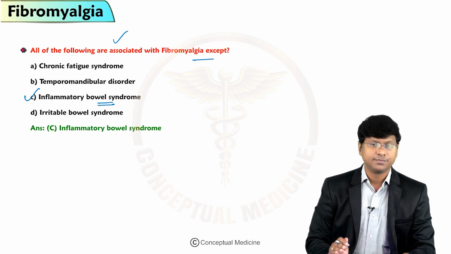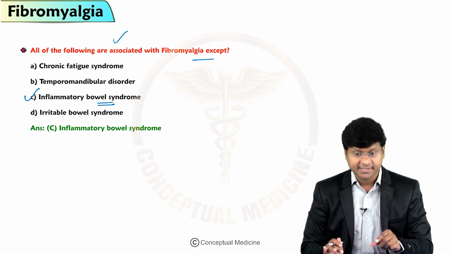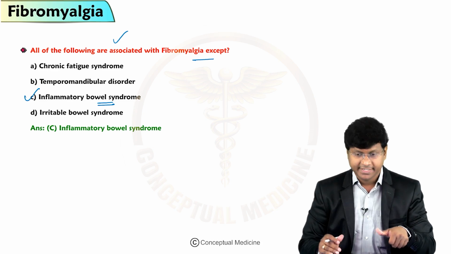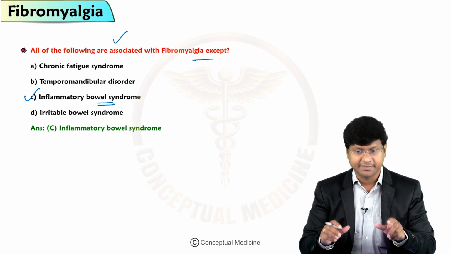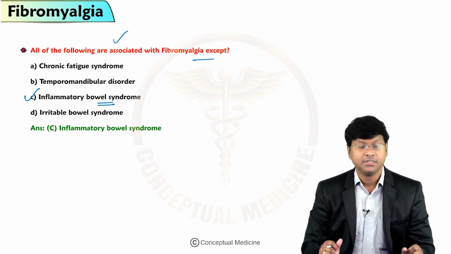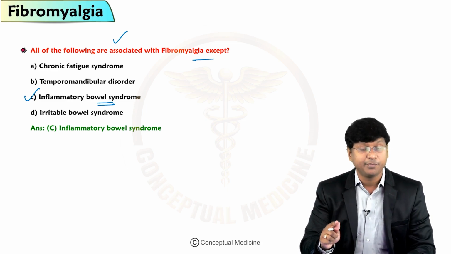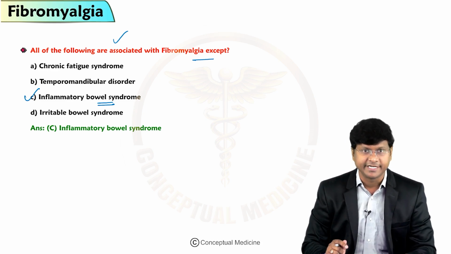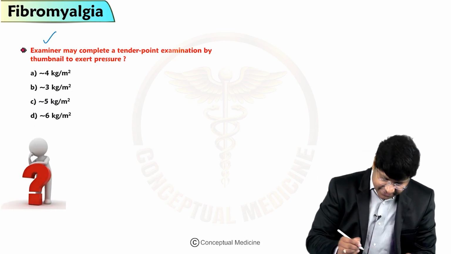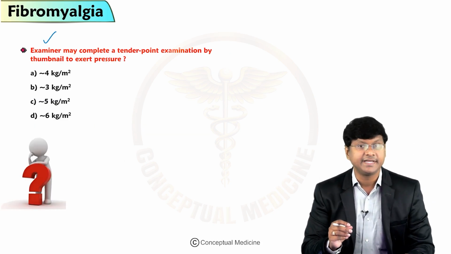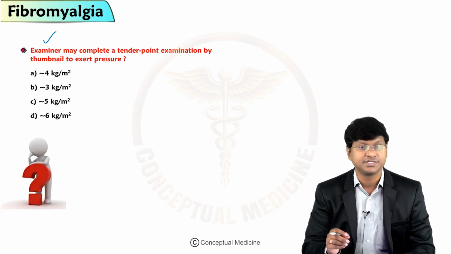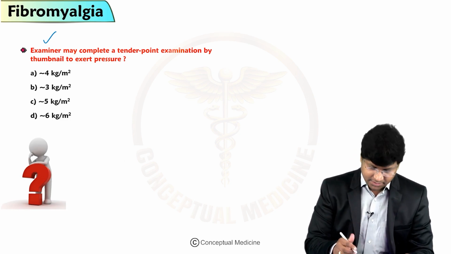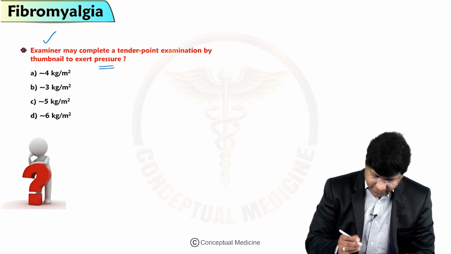Now I said there will be tenderness, right? When you apply pressure at multiple sites, you have pain. There is also a very important question on those tender points: the examiner may complete a tender point examination by using the thumbnail to exert pressure.